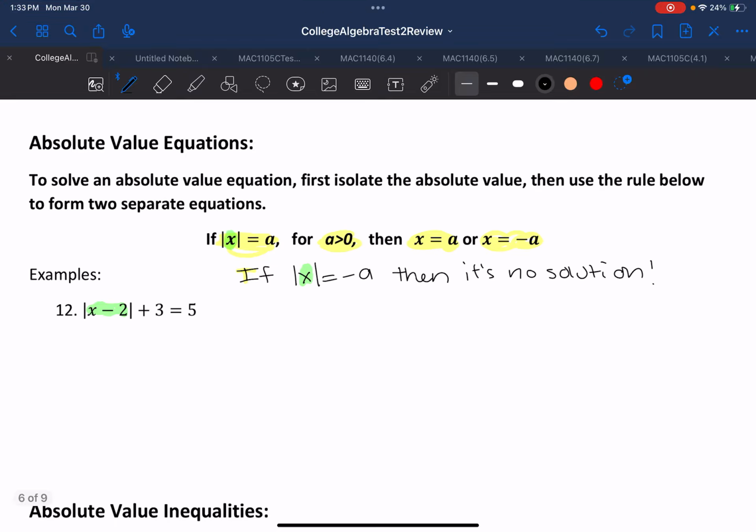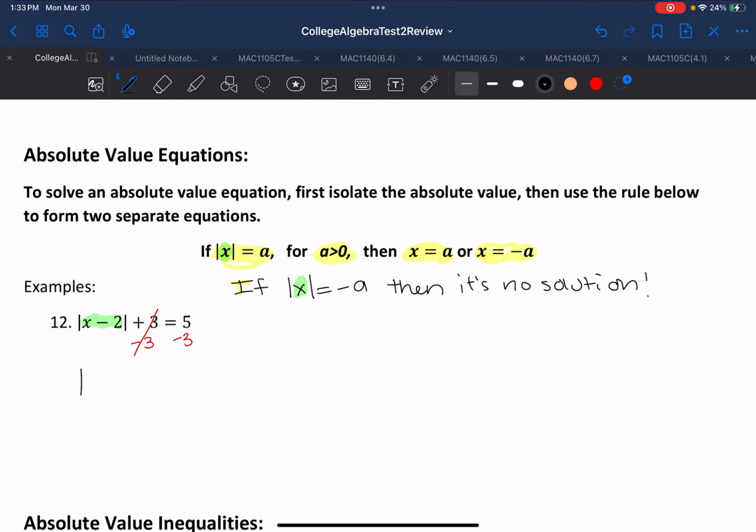So for this example, I'm going to get the absolute value by itself by subtracting 3 to both sides. So I would have the absolute value of x minus 2 is equal to 2. And now I have the absolute value by itself, so I can separate it into its two equations.